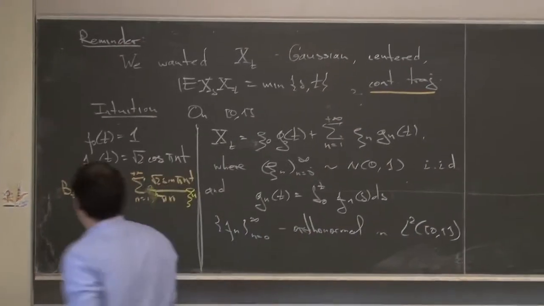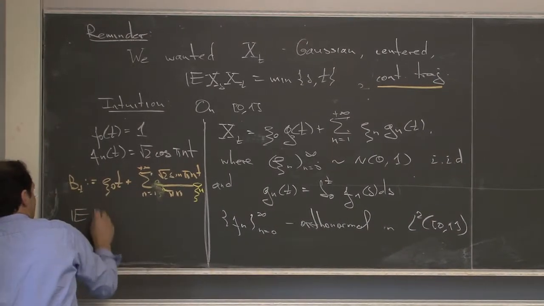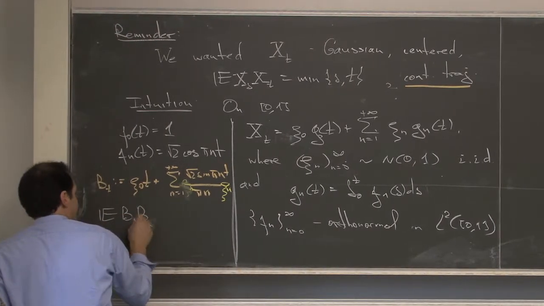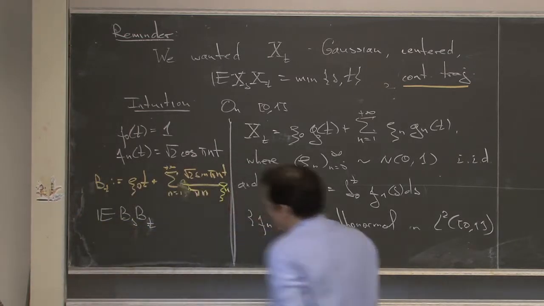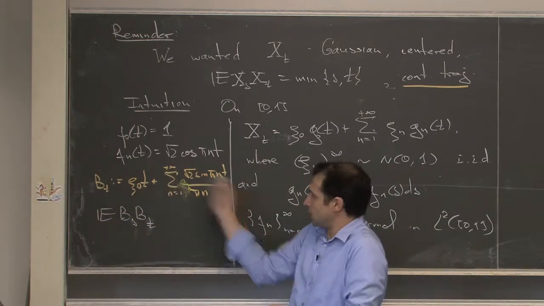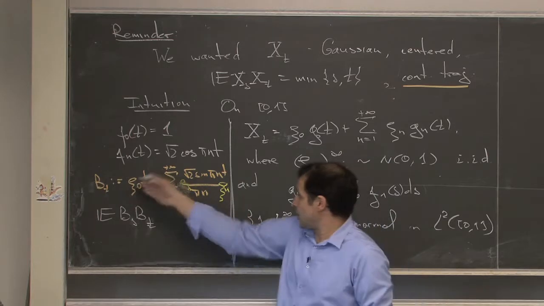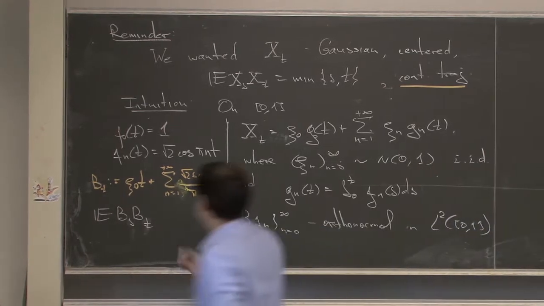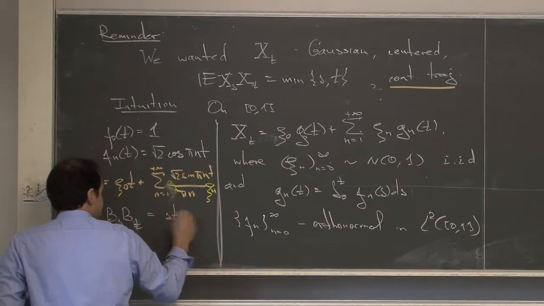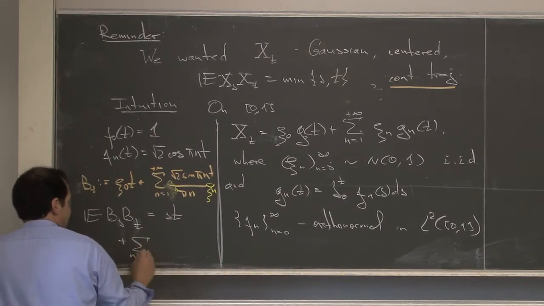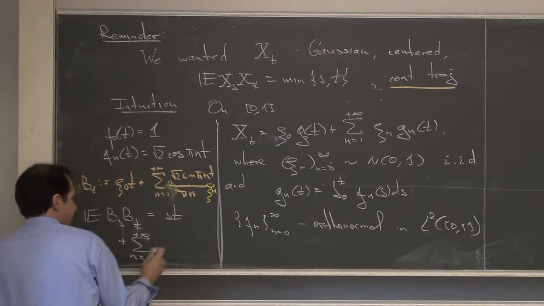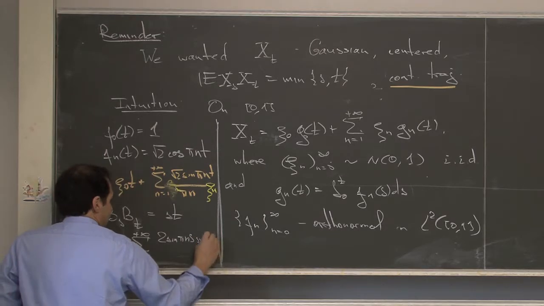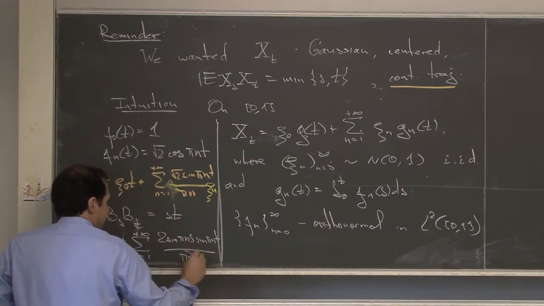And to check that it has the correct covariance, once I already know that this converges, I can just open all the brackets, right? And then this is nothing but st plus the sum over integers n of 2 sine(pi n s) sine(pi n t) over pi squared n squared.